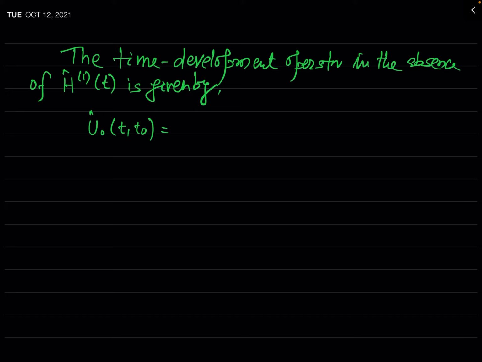And you have defined this earlier like this: e raised to the power minus i over h bar, H hat 0 times t minus t naught.